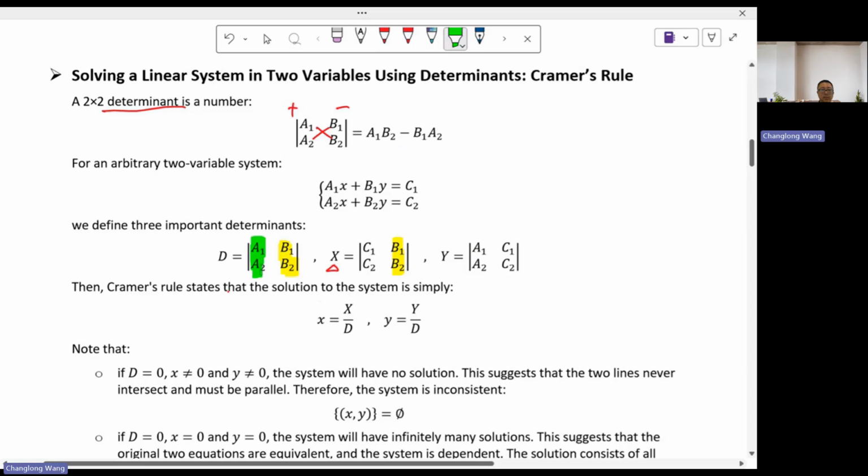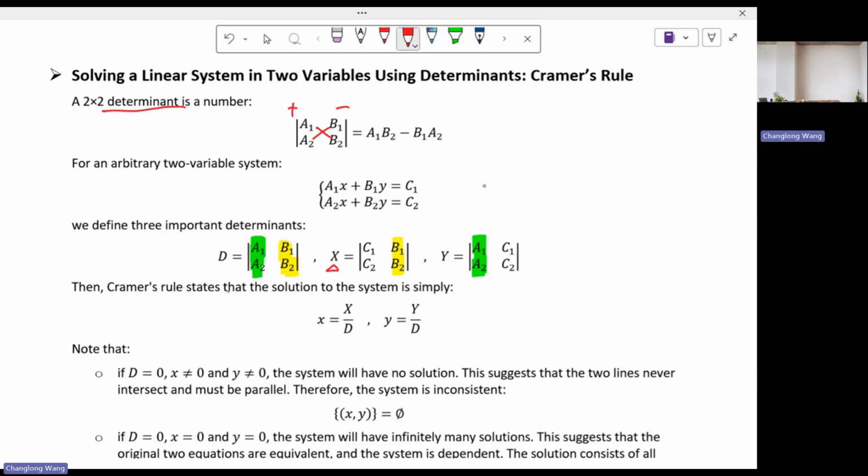And the determinant D and determinant y share the same column, the first column. That means you should build the x just by looking at the determinant D. But how would you know that you should replace the first column in the D with those constants? Here's how I usually remember it.